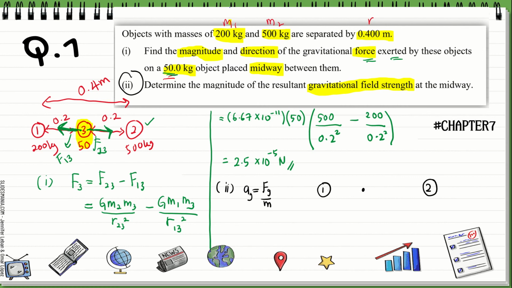Just now we got our force at the center. So to get the value of a_g, we just use the value from the previous question, 2.5 times 10 to the minus 5, divided by the mass here, your M3, so divided by 50. And finally you get 5 times 10 to the minus 7 meter per second squared.